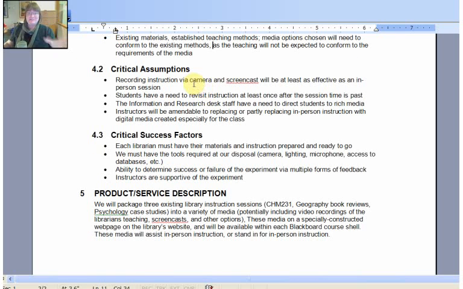Your critical assumptions. Some people's minds work this way. I find this hard. What are you assuming is true that will make this project work? So think it through. I'm thinking of some of those Second Life projects that we talked about at Internet Librarian. Are we assuming students are there? Are we assuming students have a computer that can run this software? Write them all down.